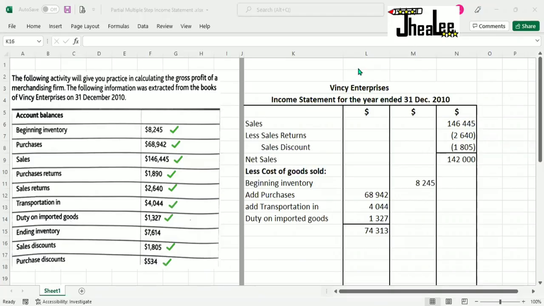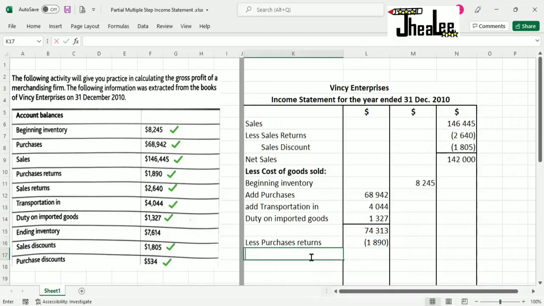And these items are the purchases returns and the purchase discount. So we're now going to put in those two figures. So remember, we less purchases returns once it is in the question, and that is basically your returns outwards. And the value for the purchases returns is $1,890. And there is one more thing that we're going to subtract. Let's put this in brackets so that we can remember that we are subtracting that.